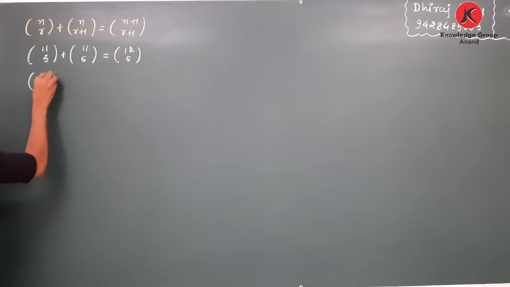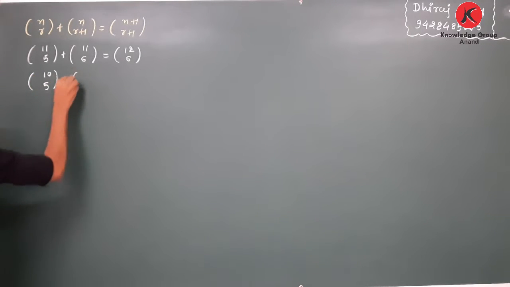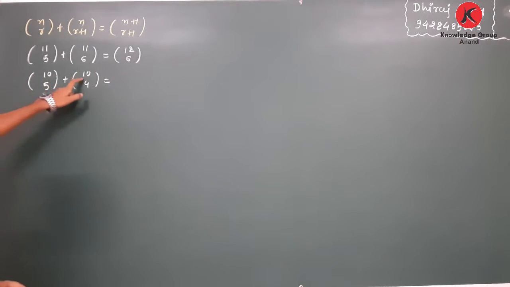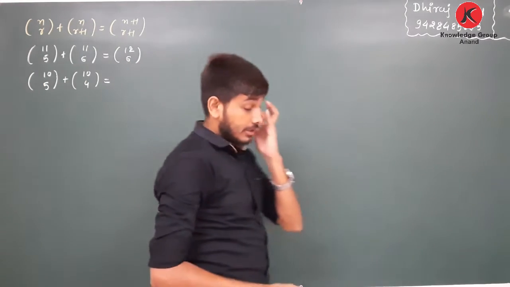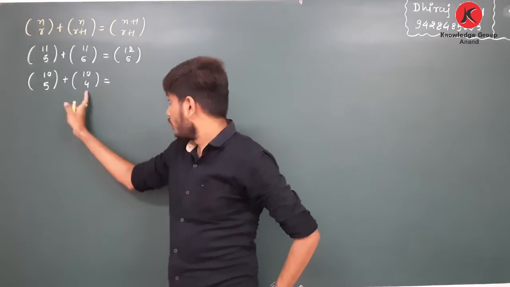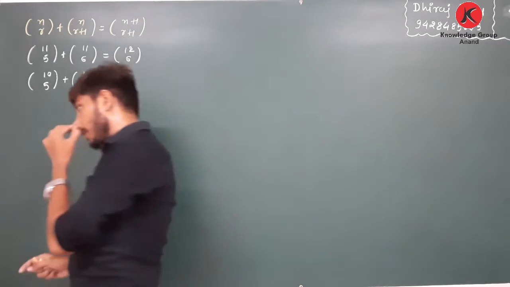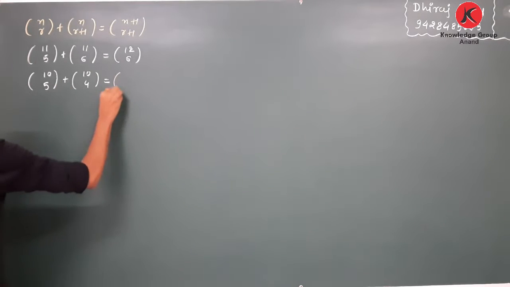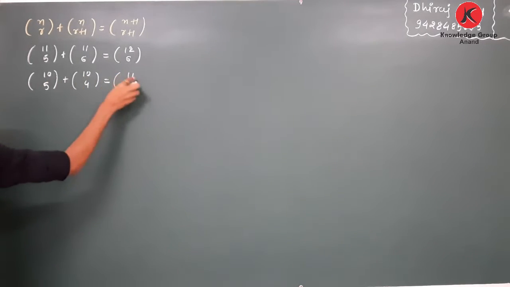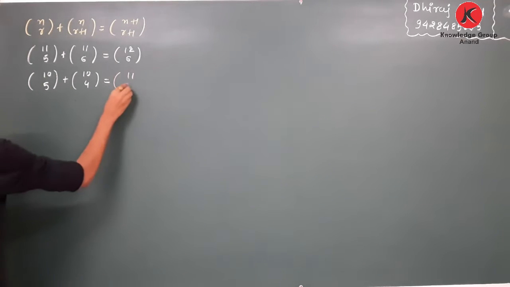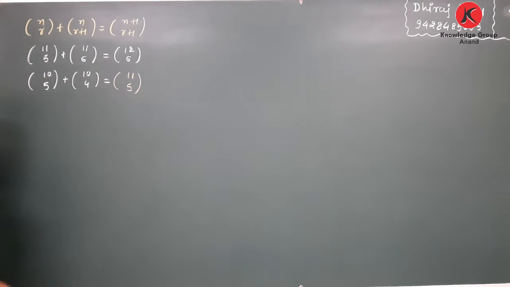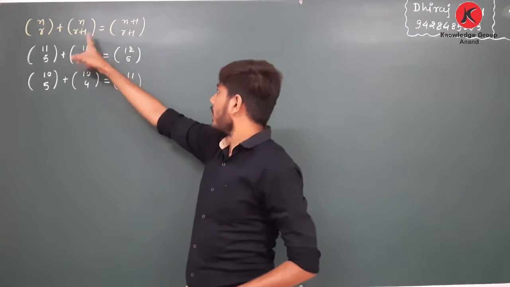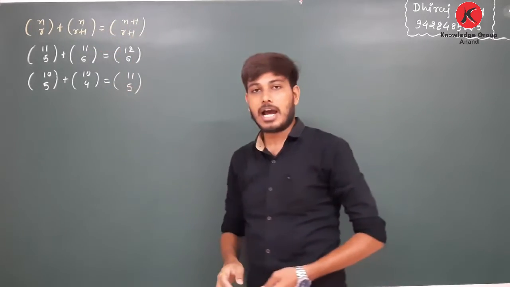Now if 10C5 plus 10C4 is there, see here, the same 10 terms are there, and the difference between the two R is 1. Therefore we can write N increased by 1, since the addition symbol is there. It increased by 1, that means 10 plus 1, 11, and the greater R means 5. So this is the application of NCR plus NCR plus 1 equals N plus 1 CR plus 1.